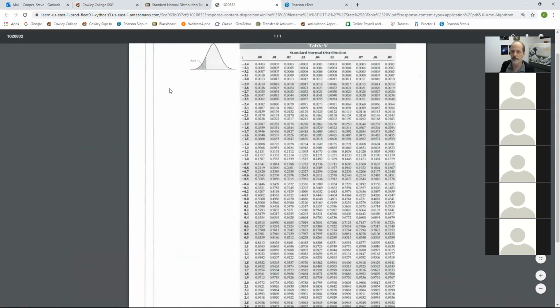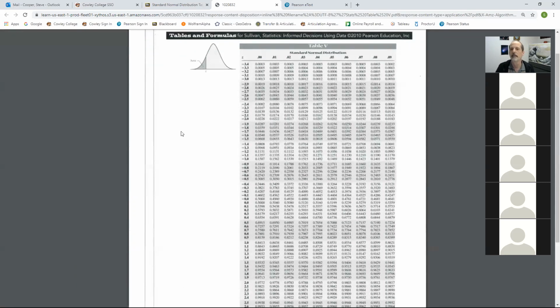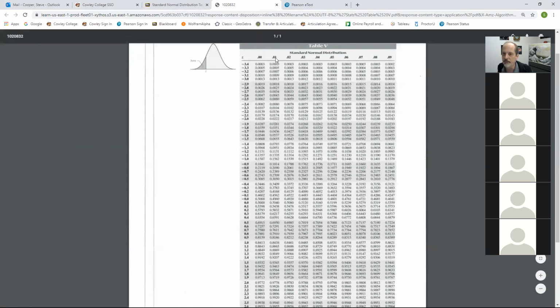So let's say I'm interested in z of negative 2.2. Well, I find negative 2, and negative 2.2 is right here. And then I don't want to add anything to the second decimal place. So for negative 2.2, the area under the curve to the left of negative 2.2 is 0.0139.